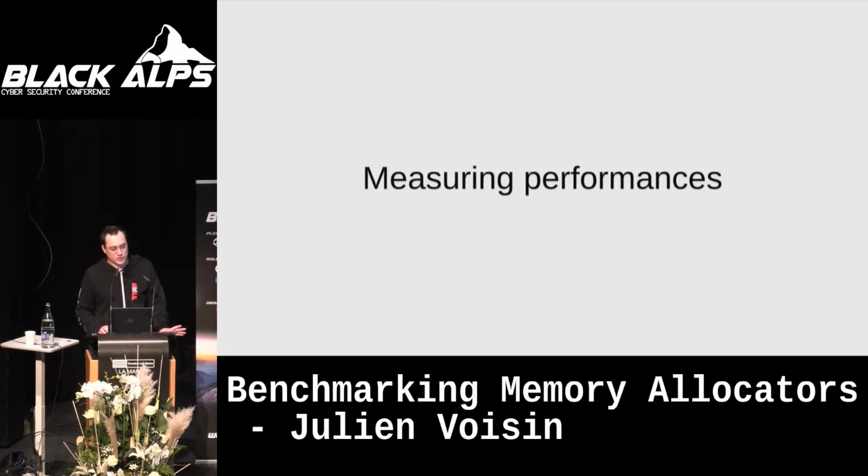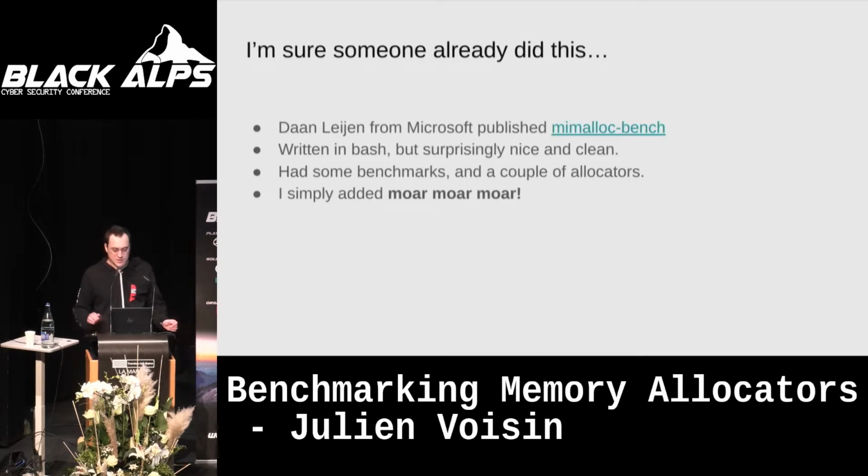So I started with the first thing, I thought it was easy. It was not, but this is still the easier thing to measure: performance. And since I'm a grown-up, I didn't reinvent the wheel. I went on Google, GitHub, whatnot, and somebody already did all the hard work. It's Daan, I cannot pronounce his family name, from Microsoft, and he published something called mimalloc-bench, which was designed to benchmark mimalloc, which is the allocator from Microsoft.